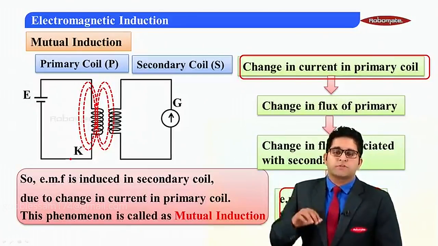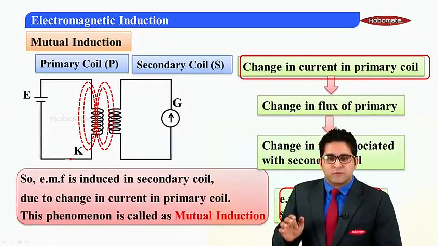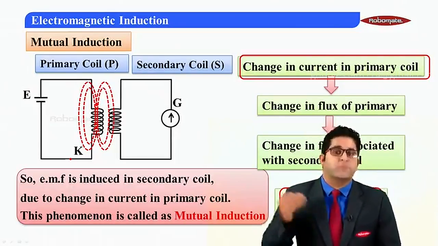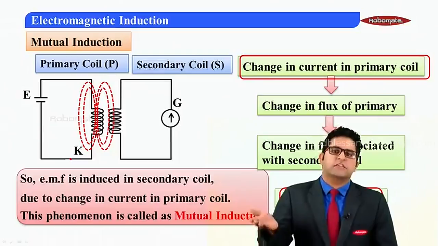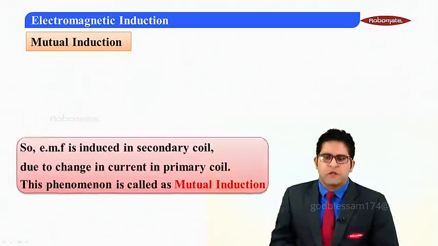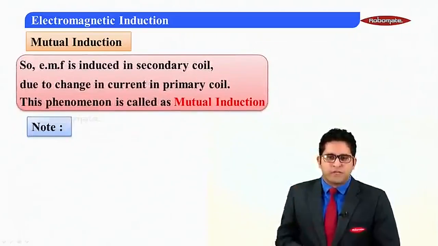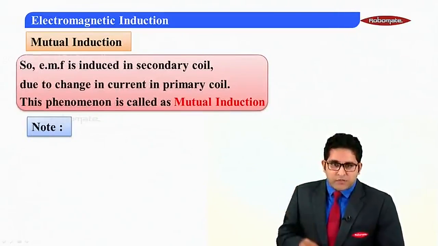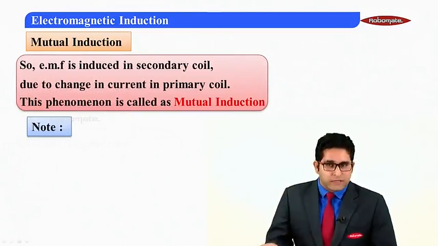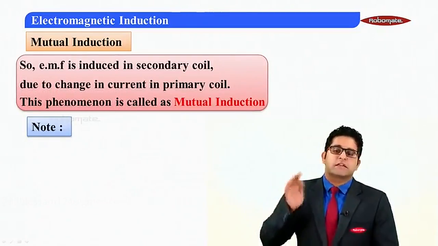So what is mutual induction? Mutual induction is a phenomenon in which EMF is induced in the neighboring coil due to the change in current in the primary coil, right? So let us define it. Mutual induction is that phenomenon in which current is induced in the secondary coil due to the change in current in the primary coil.